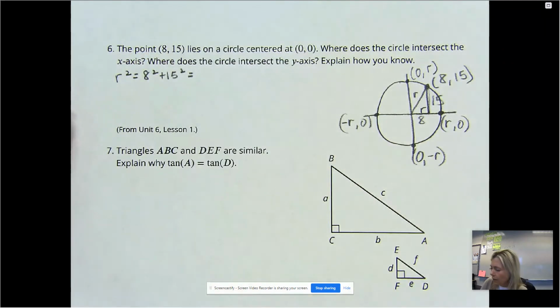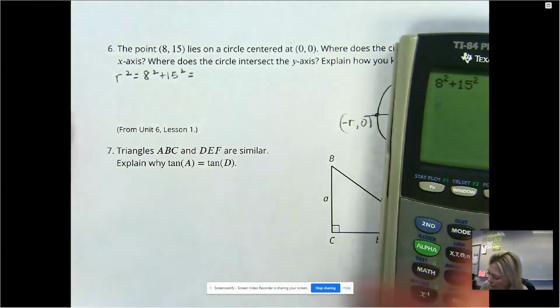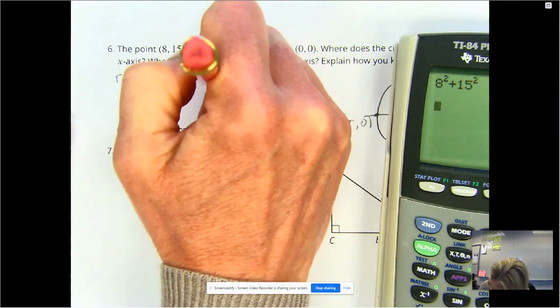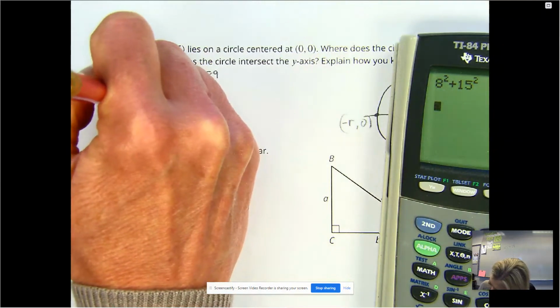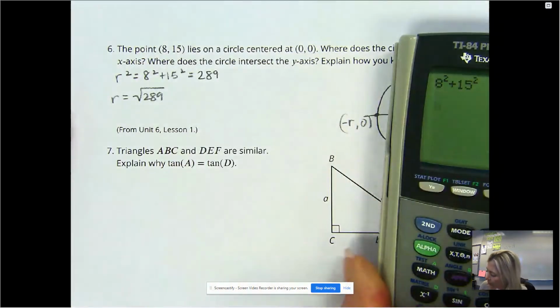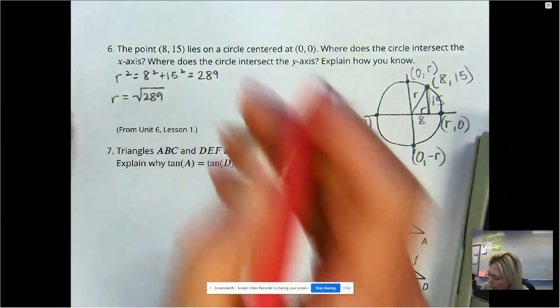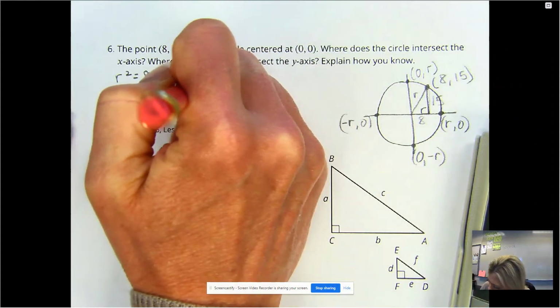I'm going to find that on the calculator. So 8 squared plus 15 squared is 289. And so r is equal to the square root of 289, and that is 17. Okay, so the radius of the circle is 17.